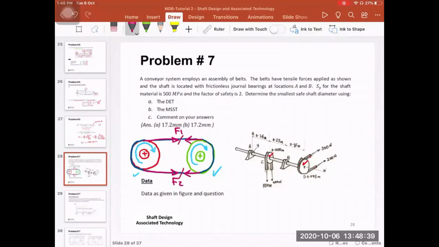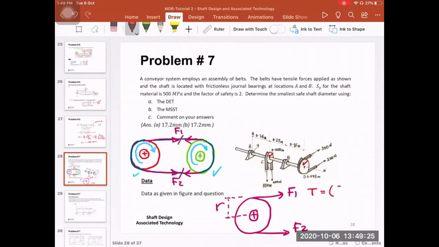But if you focus on the left-hand side pulley, you have a force F1, another force F2, and a pulley with a specific radius R. So the torque eventually is equal to F1 minus F2 times the radius, where F1 is greater than F2. So you choose the higher force first.